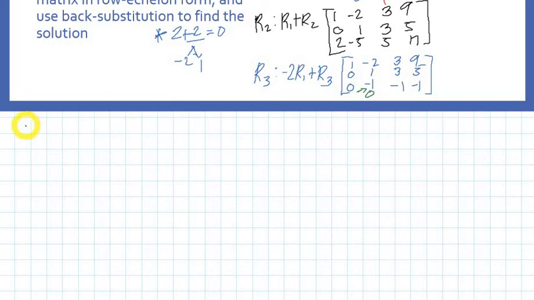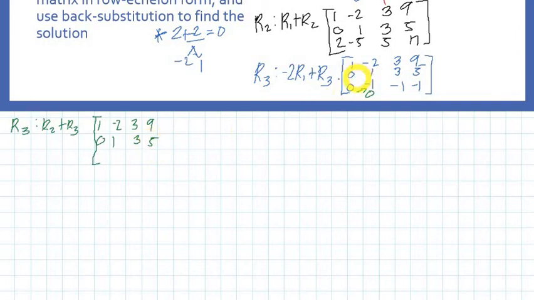So therefore, I'm going to write it here. Again, for our row 3, we are going to have row 2 plus row 3. First, let's copy the first two rows. 1, negative 2, 3, 9, 0, 1, 3, and 5.